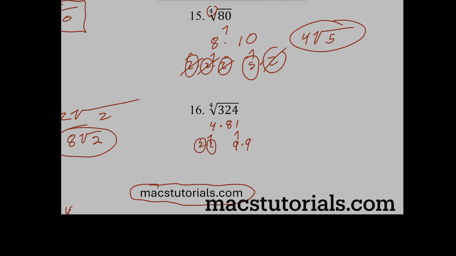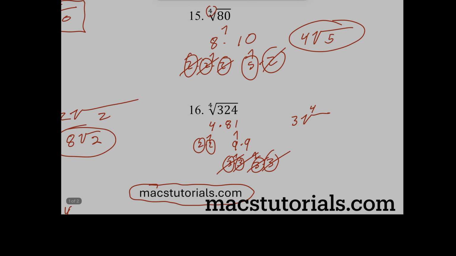We would pull out the 9s. But it's a fourth root, so we're going to break it all the way down, okay? And as I notice, do I have any 4 of a kinds? Boom, boom, boom, boom, right there. So we're going to pull out a 3, and it's going to become a fourth root of, I have a 2 and a 2, can't pull them out, so I multiply them together, and a 4.